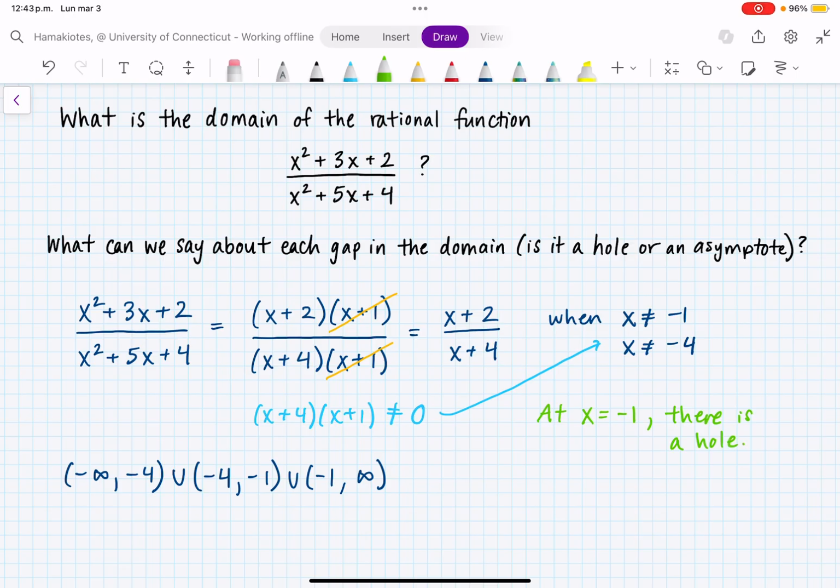Now, we're left with x plus 2 over x plus 4. So what that tells us is that at x equals minus 4, there's going to be what we call a blow up, and so there's going to be an asymptote at x equals minus 4.